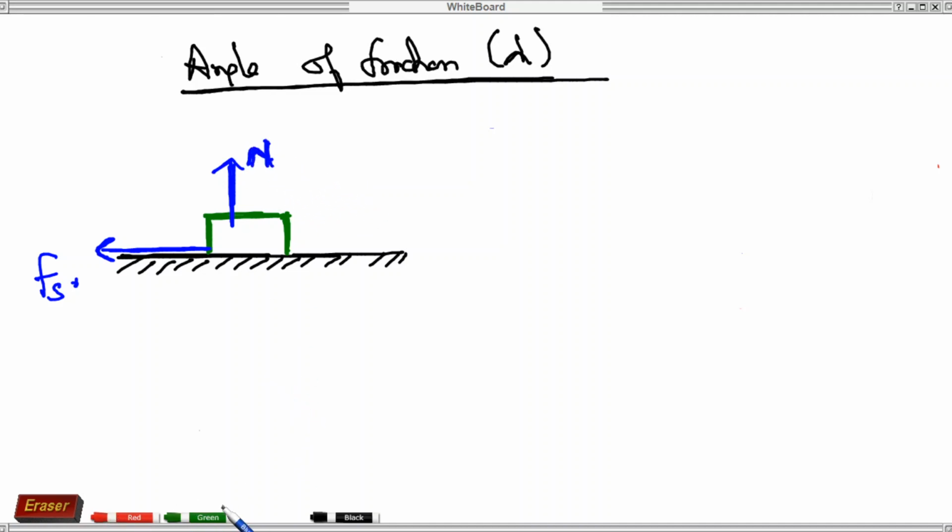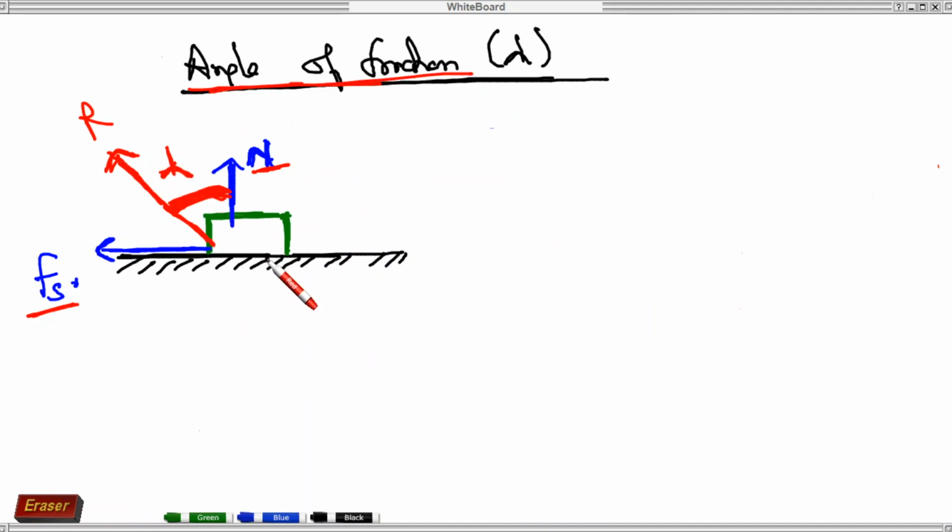So what would be the resultant force here? Somewhat like this. This would be the resultant of these two, Fs and the normal force. So this angle is the angle of friction. It will be lambda. So what would be lambda?